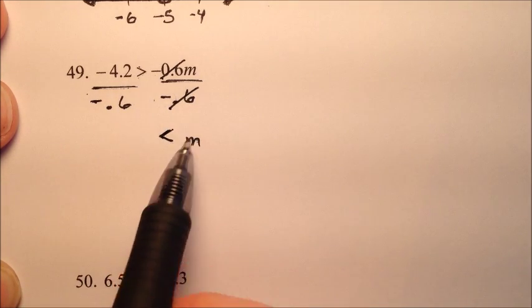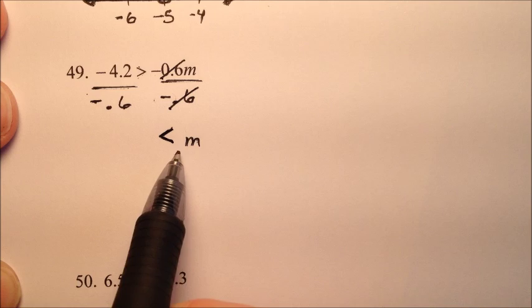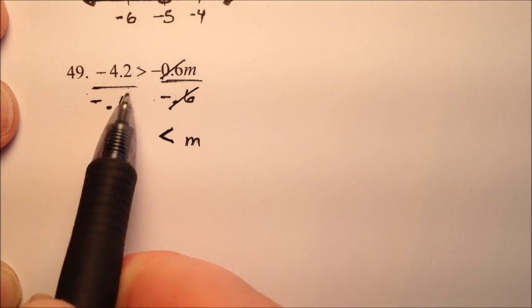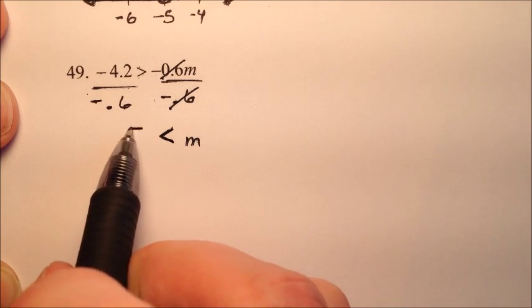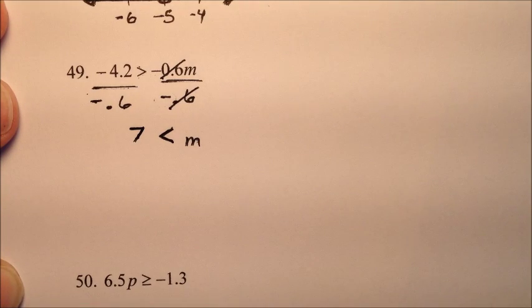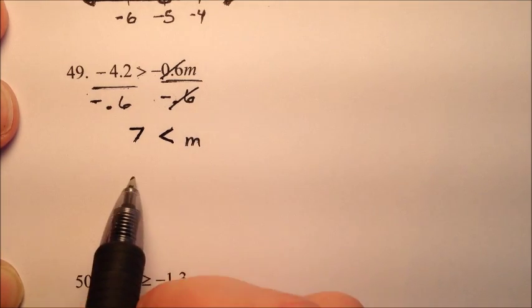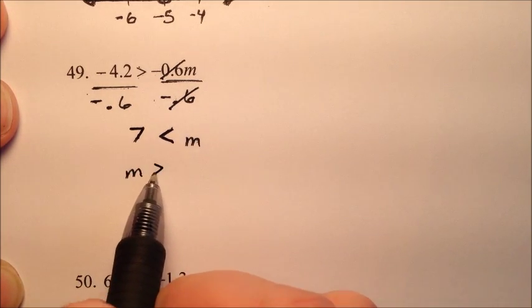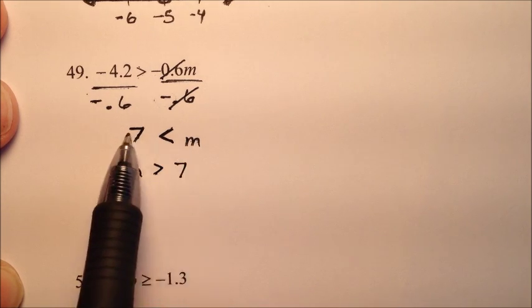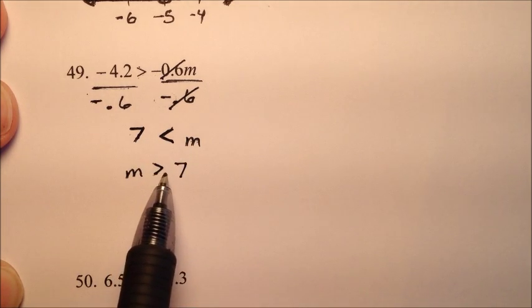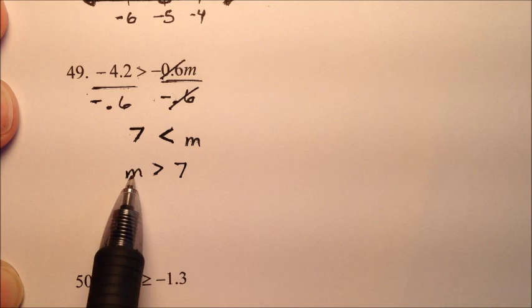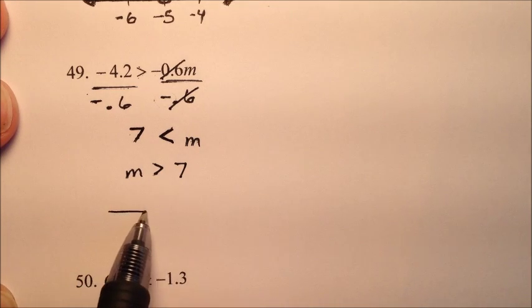So instead of being greater than, it's going to be less than right here. And then negative 4.2 divided by negative 0.6 is going to be 7. But we want to switch these around, so we're going to put m is greater than 7. And when we switch them, we'll actually switch the sign of the inequality again. So it's m is greater than 7.